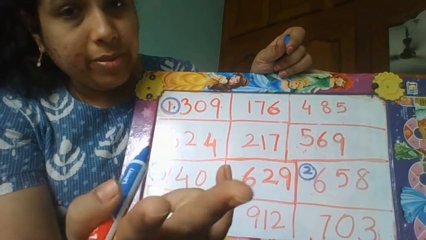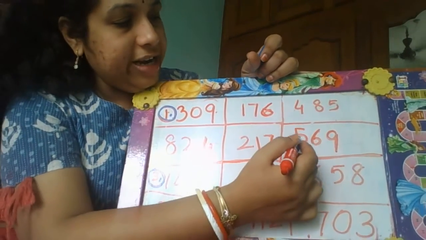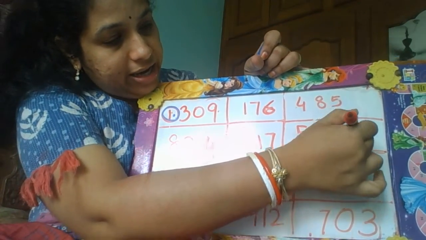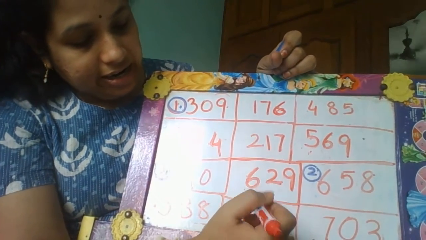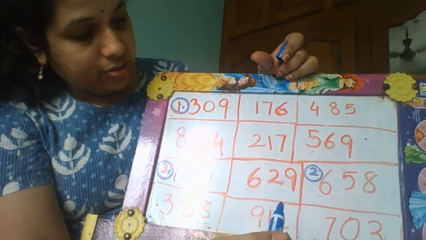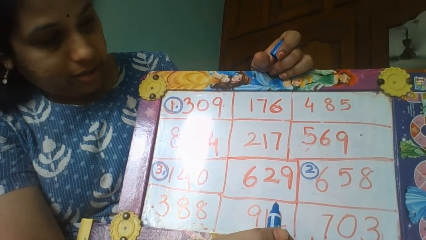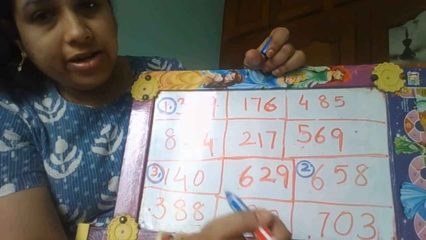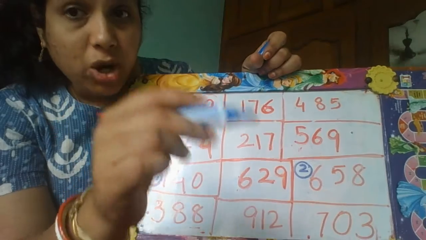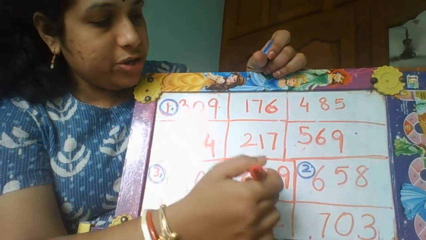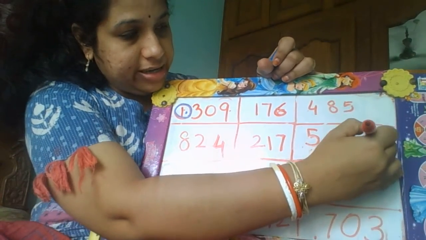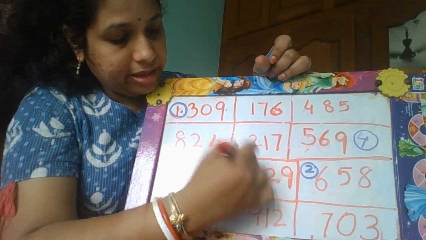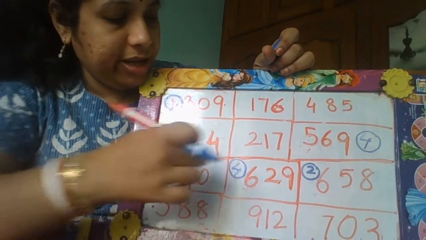So there are two numbers, more than 550, this one, and 629, this one. So there are two numbers more than 550 and below 630. So these two come for that. Okay, these two.